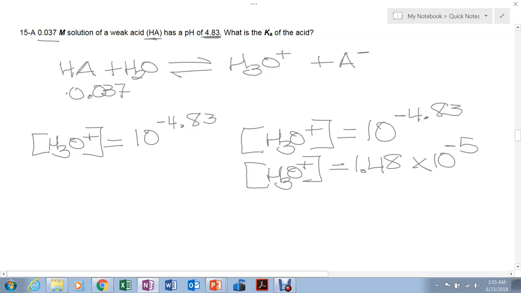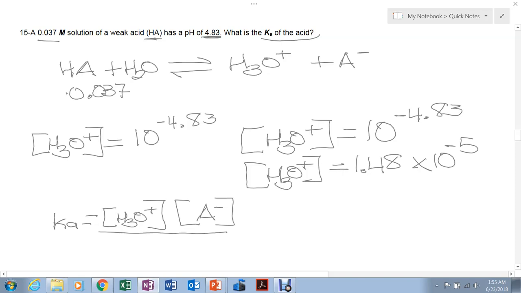So to find out the Ka, we use the equilibrium constant expression, which has the products on top, H3O plus by A negative, divided by the concentration of the acid, HA. Do we have this?